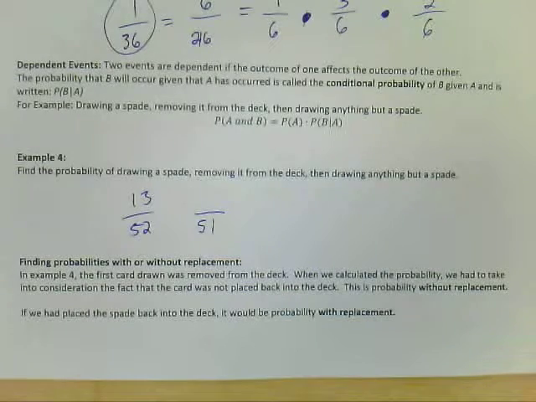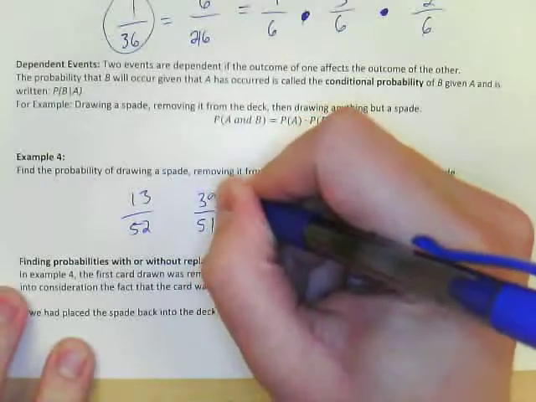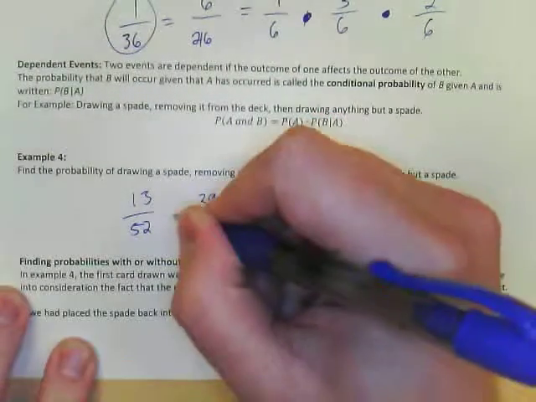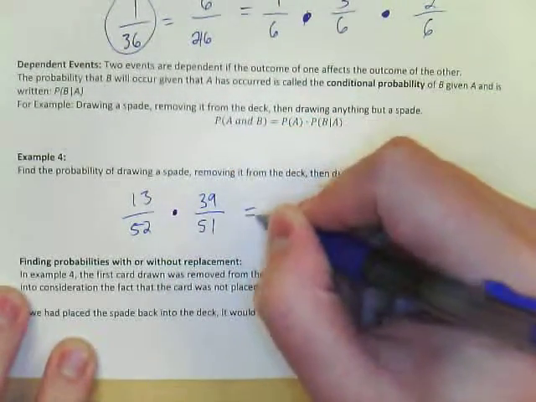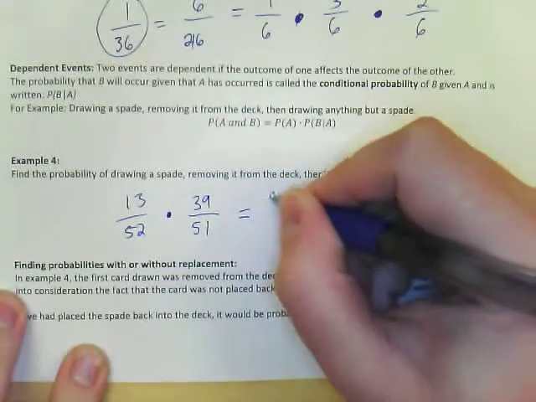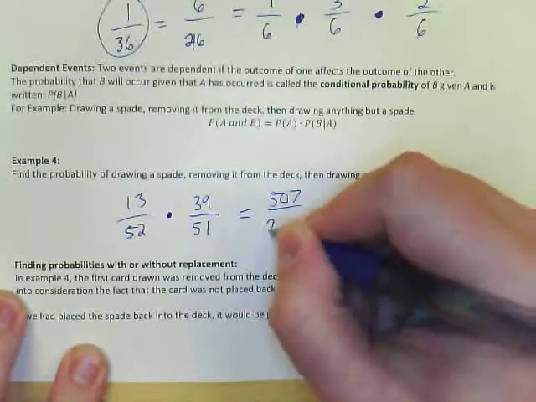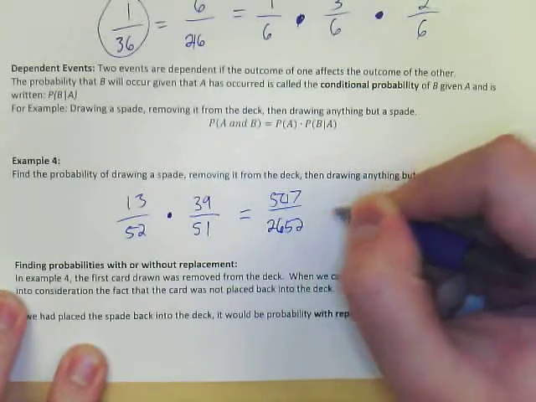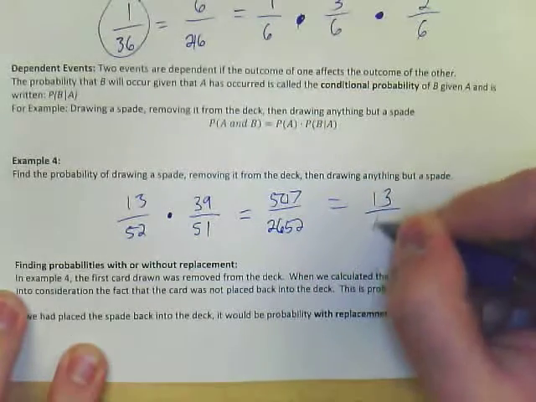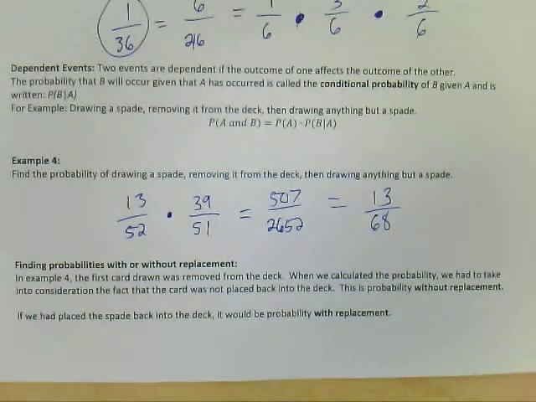Then, drawing anything but a spade: there are 13 diamonds, 13 clubs, and 13 hearts, so that's 39 cards that are not spades. If we multiply these together, that gives us the probability we're looking for. That's 507 out of 2652, which reduces to 13 out of 68.